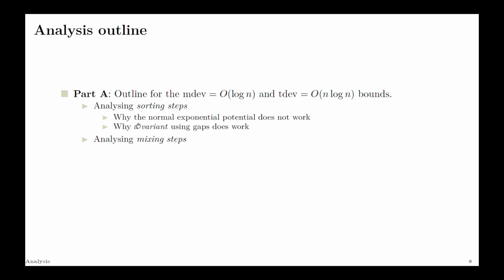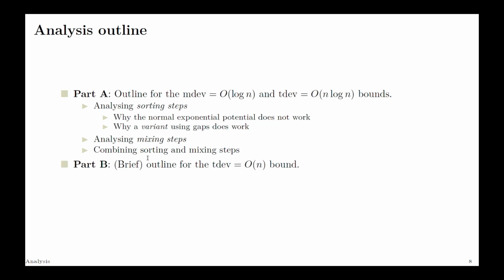And then we will move to analyzing mixing steps. This will be done by reducing the problem to analyzing n weakly dependent unbiased random walks. And then we will combine the two analyses and obtain the desired gap bounds. In the second part, I will give a very brief outline for the linear total deviation bound.